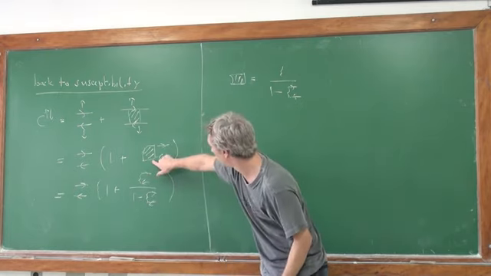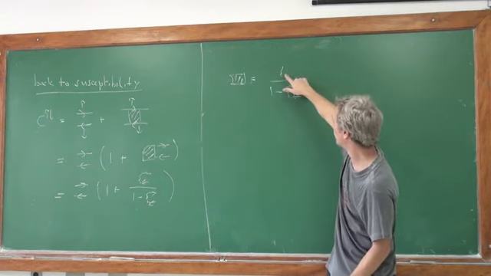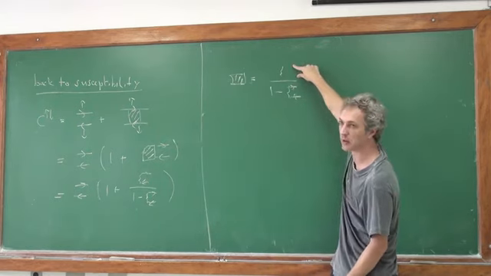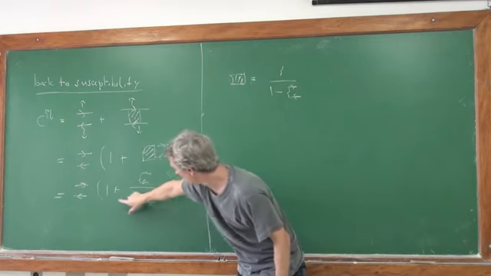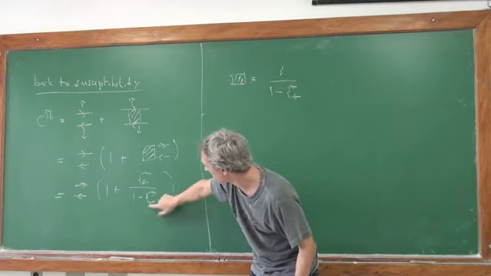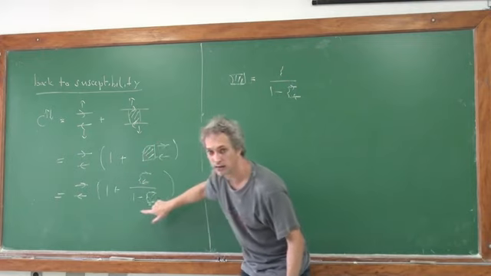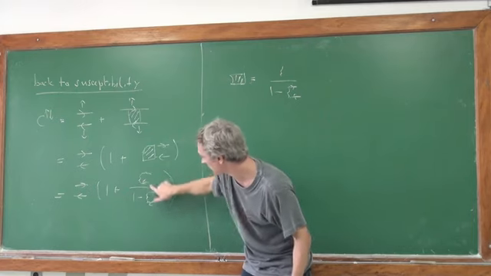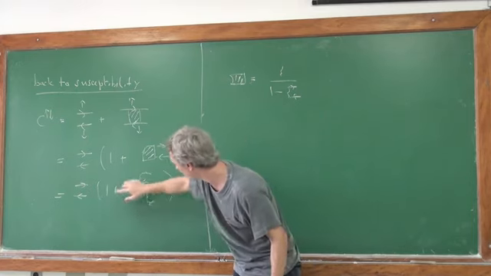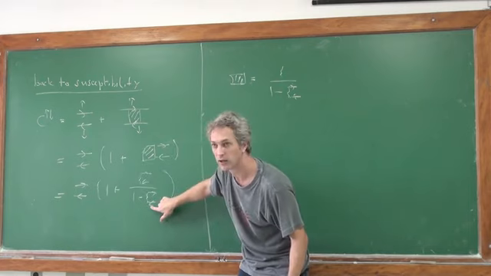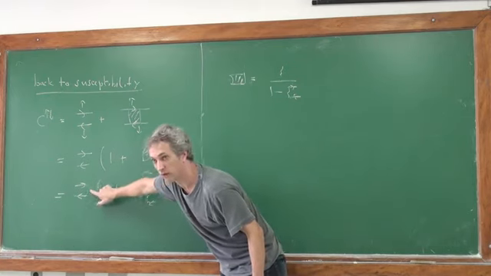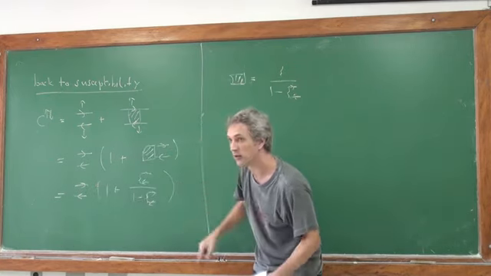Plugging this expression for the vertex in, multiplying with the polarization means multiplying with the two external lines. Now we have a 1 minus this, so we can bring this on the same denominator. So we have 1 minus this plus this, so this just cancels out. This gives us a 1 over this here. And then the 1 is multiplied by the polarization operator, so we get two lines here.